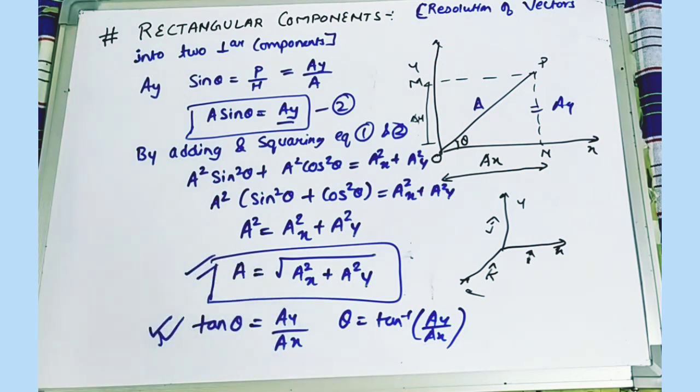Now you understand how we resolve the components, what theta is, and which components we have to use. I think it is clear what the components are and how we represent them. So this is all about rectangular components. I hope this is clear to you. Thank you.